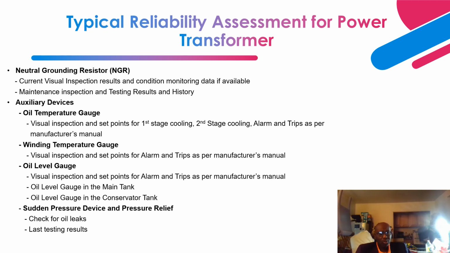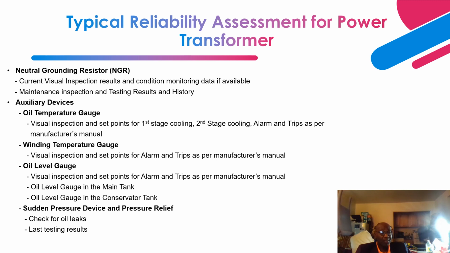Then you also want to verify the first stage cooling, second stage cooling, alarm, and trip point as per the manufacturer's manual. That itself requires close collaboration with your protection unit, to verify that the set points are based on what the manufacturer recommends, or your protection unit recommends.